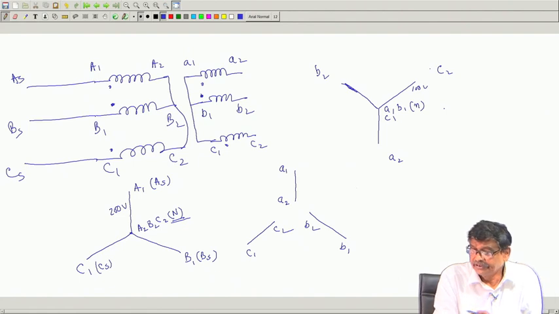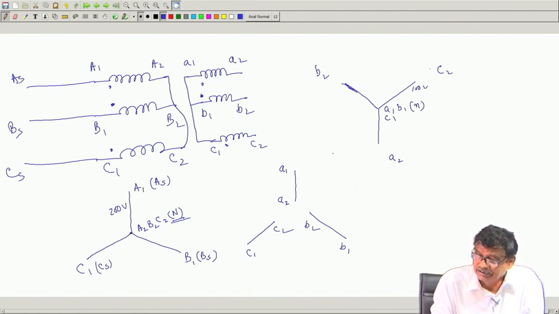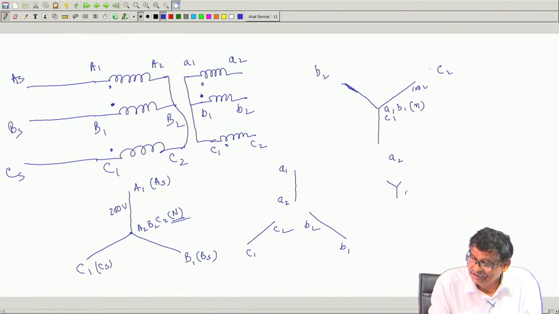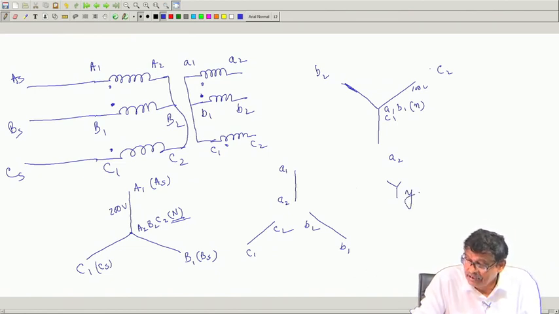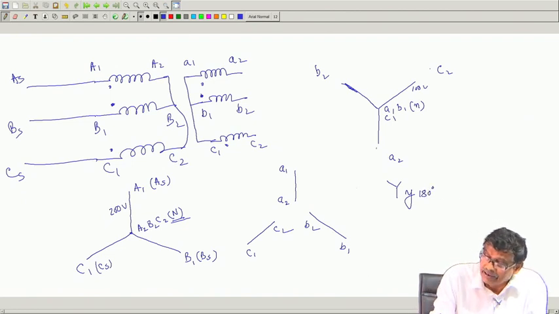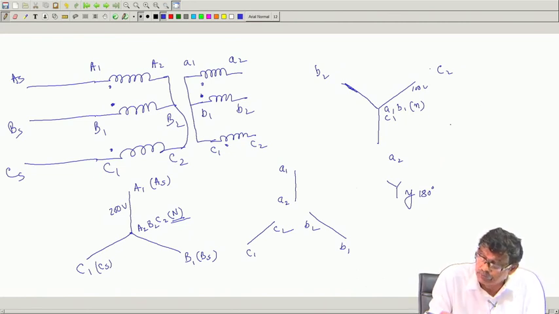Now, this connection diagram, how do I specify? Earlier one was Y by 0, and this one I must then say is Y star connection secondary, star primary, and perhaps I will write 180 degree, because a phase voltage with respect to neutral of the secondary side is 180 degrees from the a phase voltage of the primary.